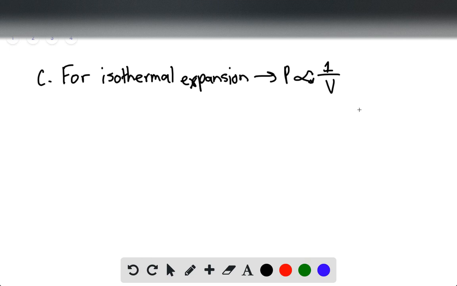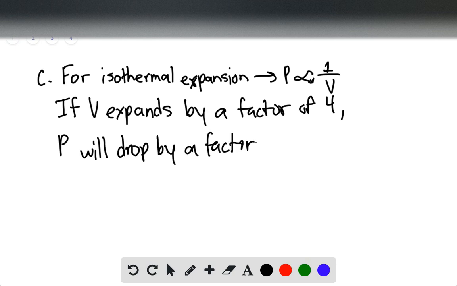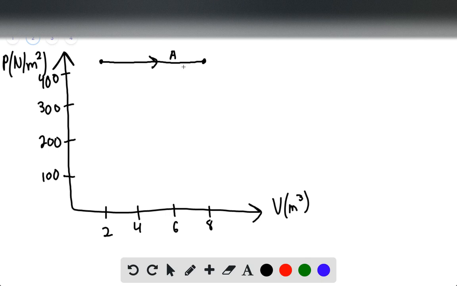So if we were to say this, we can say that if a volume expands by a factor of 4, that means that P will drop by a factor of 4. Now, if we were to draw this on the graph, basically, we're going to drop by a factor of 4, so it's going to be really close to 100.